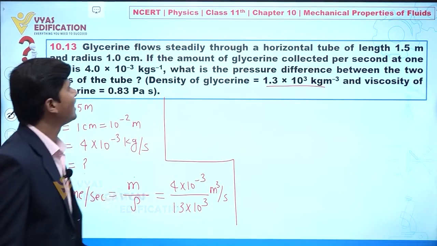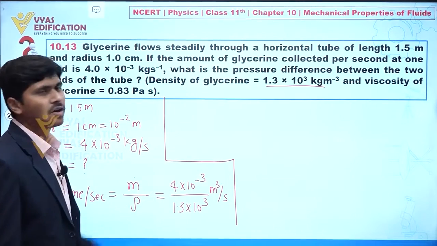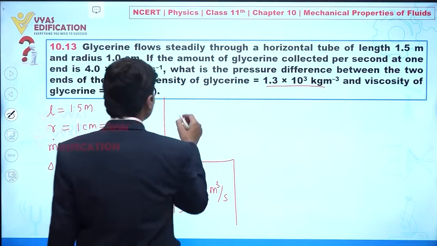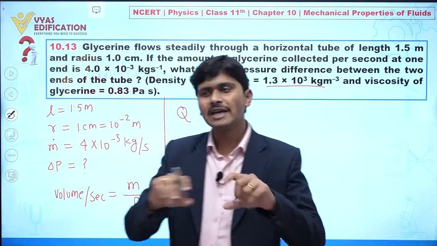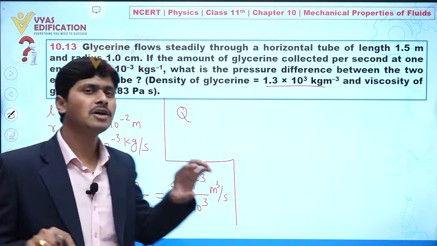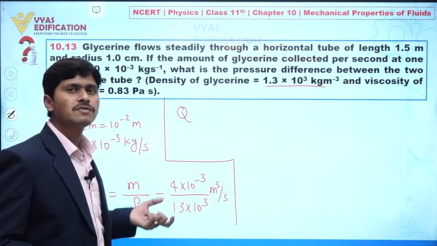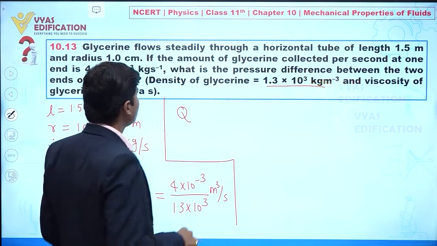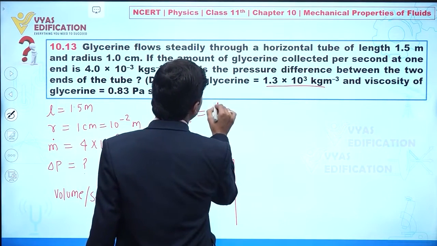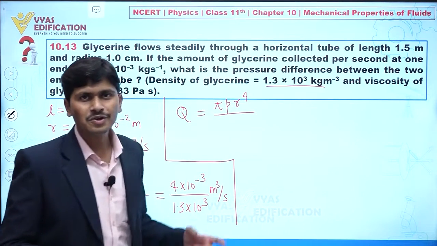Now we can find the pressure difference between the two ends of the tube. Clear? So actually we know we have a horizontal tube, a capillary tube in a horizontal manner. Why am I saying capillary tube? Because its radius is very small compared to its length. So the rate of flow is given by pi P r to the power 4 divided by, do you know this formula?